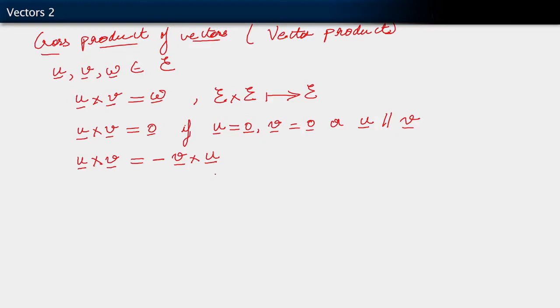It's not commutative. On the other hand, it is v cross u except that the sign is flipped. So this particular property is sometimes called anti-commutative.